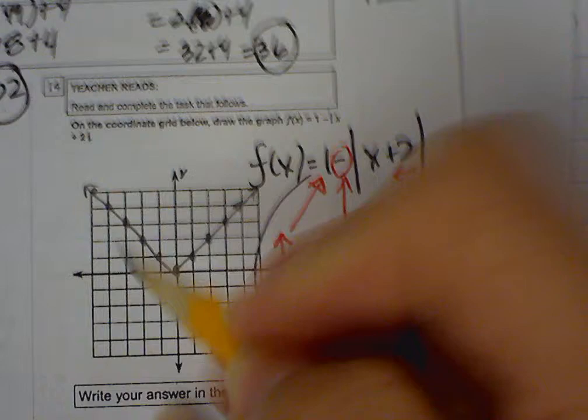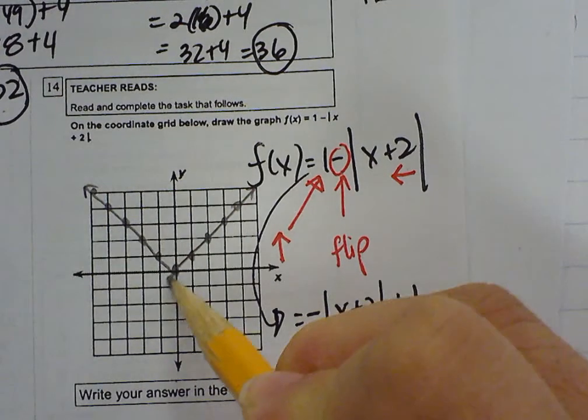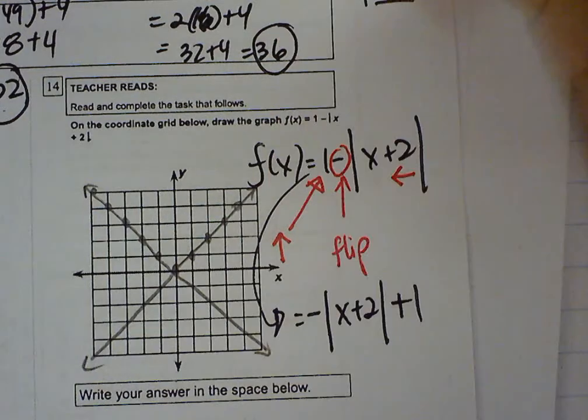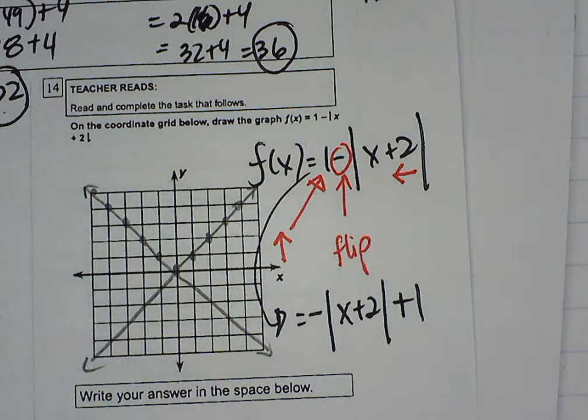Okay, so if you flip that, what happens? It's down here, right? So we flipped it. Then what? Now we have to go 2 to the left and 1 up, right?